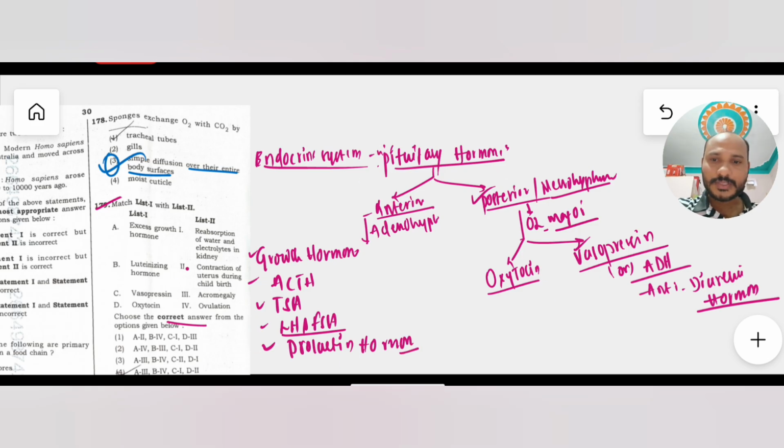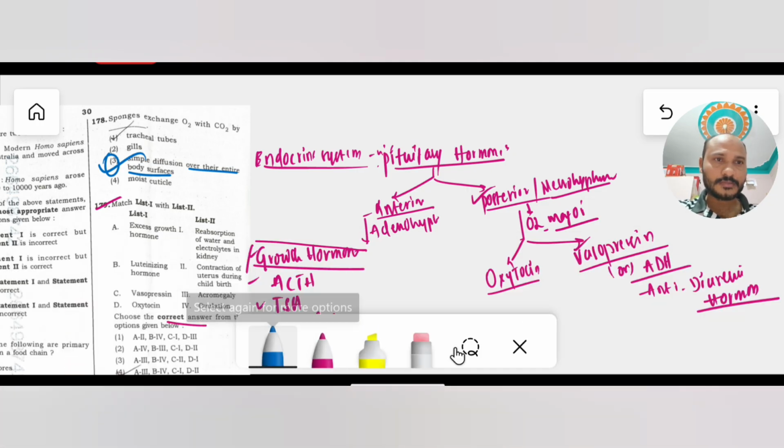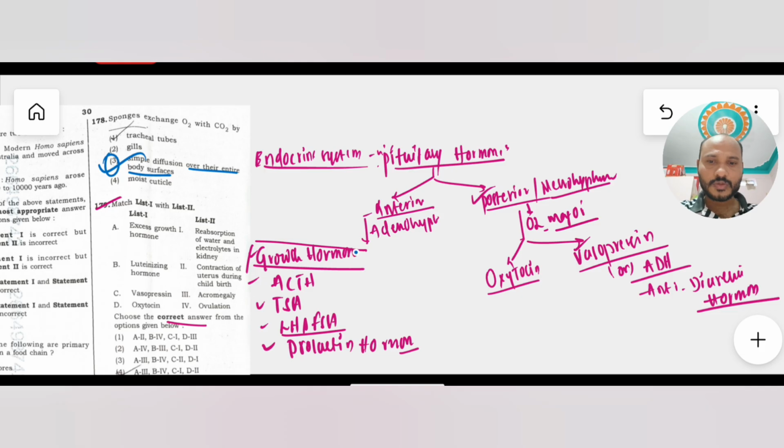Here we mainly focus on the growth hormone, GH. Excess production of growth hormone is problematic, and least production of growth hormone is also a problem.